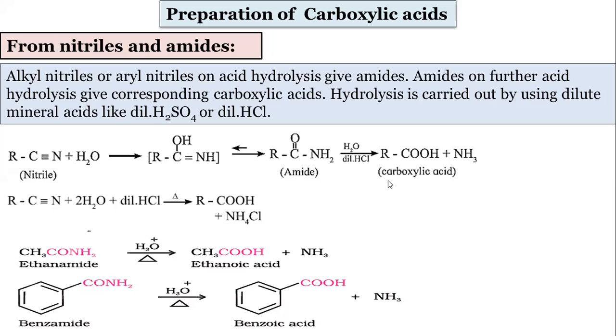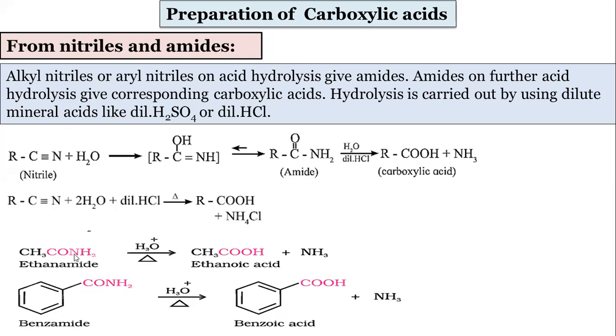One important example is taken here. So see, this is ethanamide. Amides are taken directly here. This step is not given. Directly amides are taken. So that's why in the title of the reaction it is given from nitriles and amides. From the nitriles, amides are prepared, and amides after hydrolysis give carboxylic acids.